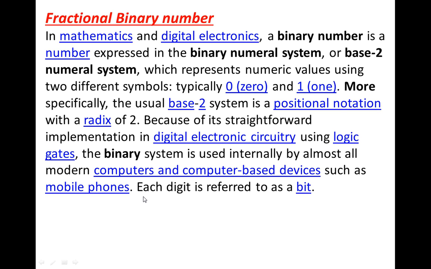This paragraph says that the binary number system is base 2, represented using zeros and ones. It is used internally by all modern computers and devices such as mobile phones, and each digit is represented by either 0 or 1, known as a bit.